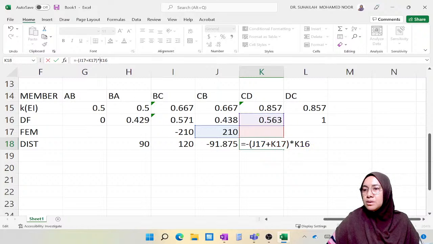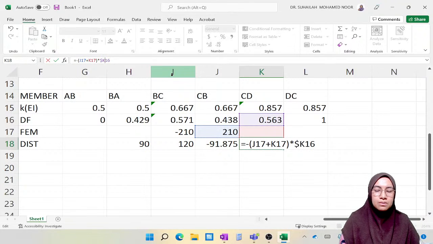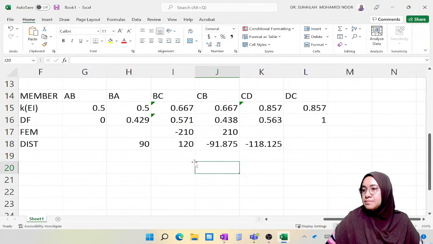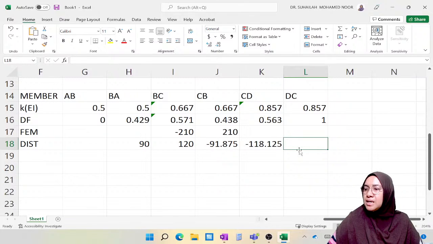So I put a dollar sign before the letter to lock the column. If DC has a value, then we need to times it with 1. The joint moment has to be multiplied by 1, but now there's no FEM value for joint D.